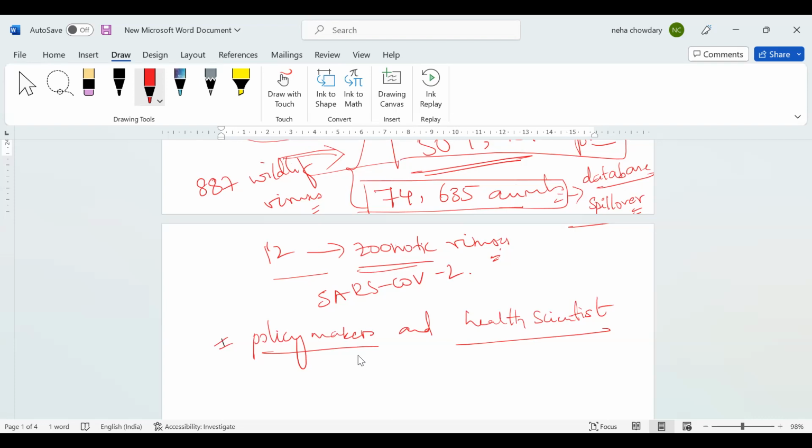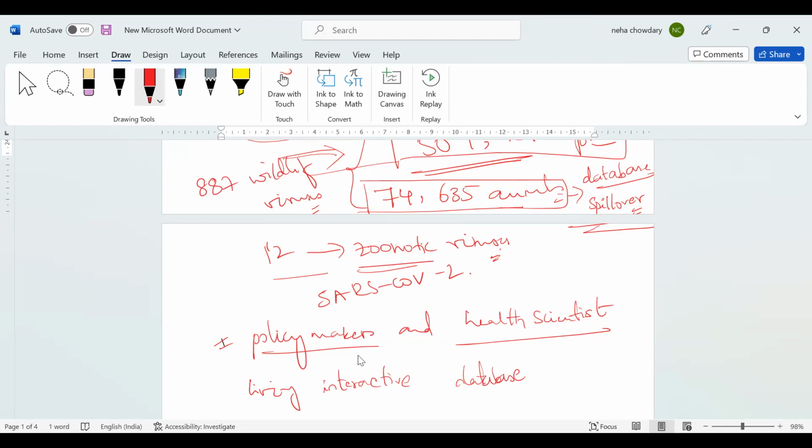So here, this spillover is a living, interactive database that can be refined over time.